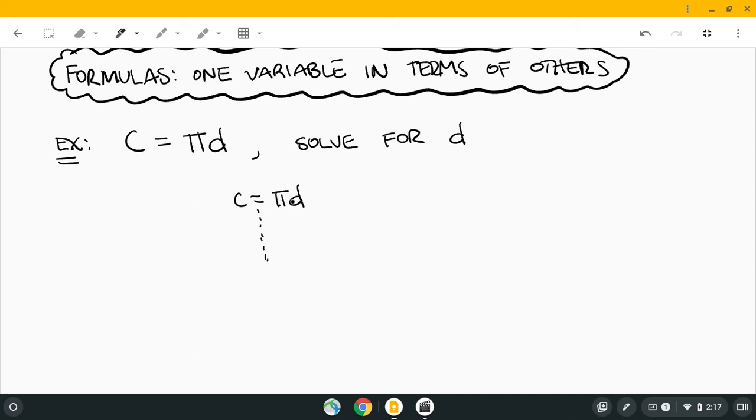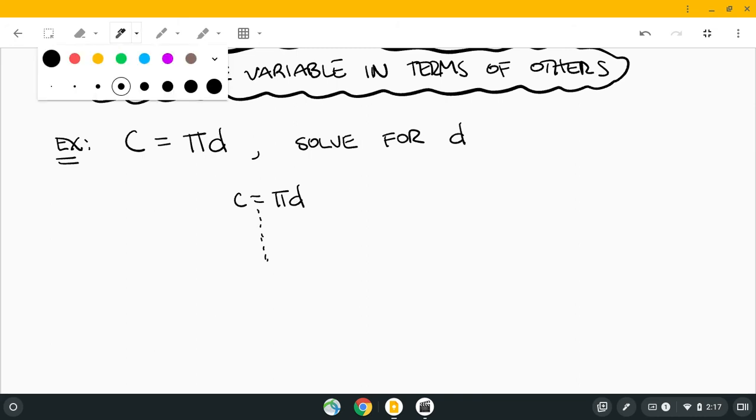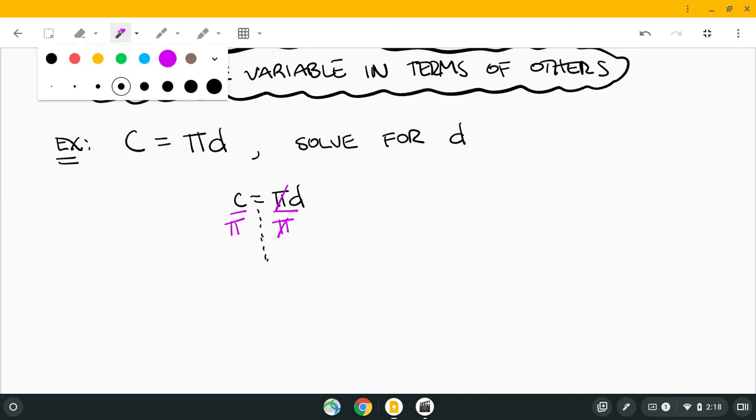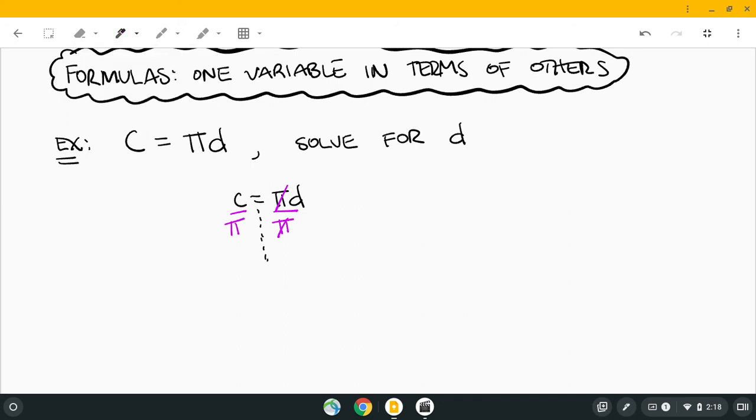So we need to undo this multiplication. We're going to do the inverse operation, which is divide. So we're going to divide both sides by pi to get that d by itself. Okay, and we end up with c over pi equals d, and there's our solving for d.